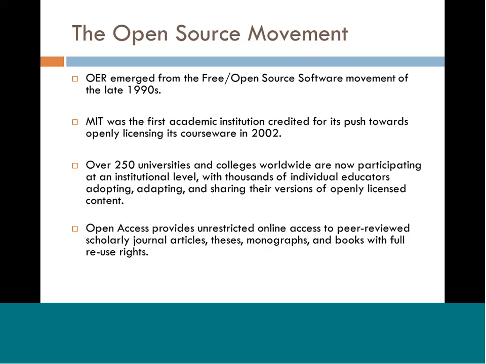Over 250 universities and colleges worldwide are now participating at an institutional level, with thousands of individual educators adopting, adapting, and sharing their versions of openly licensed content. Another topic that you should be aware of that's somewhat related to OER is the open access movement, which has emerged out of the larger open source movement, providing unrestricted online access to peer-reviewed scholarly articles, theses, monographs, and books with full reuse rights.